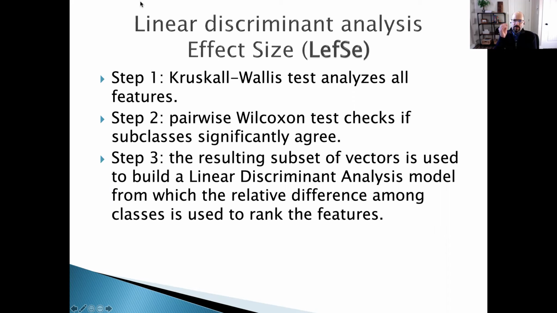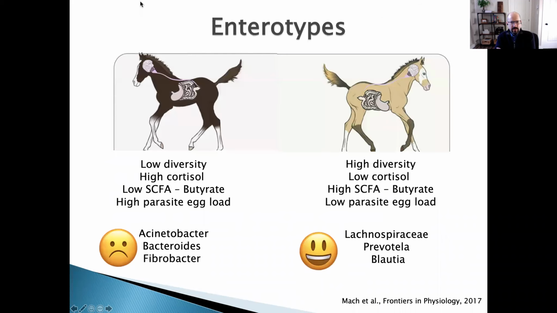So let's say I'm comparing the relative abundance of those two different enterotypes in the previous study, and that's how LEfSe would tell me that in this group, Acinetobacter, Bacteroides, and Fibrobacter were statistically more abundant compared to this group.